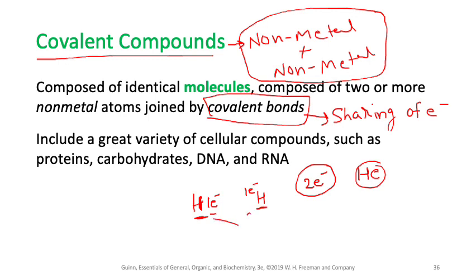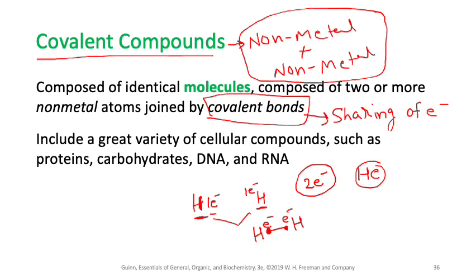If they want to make a compound, they're going to say, okay, I cannot give 1 electron to you, or you cannot give the electron to me to make it 2 electrons. So what we can do, let's share. Let's make a bond where you are sharing 1 electron, and I am sharing another electron. So now this is a partnership.